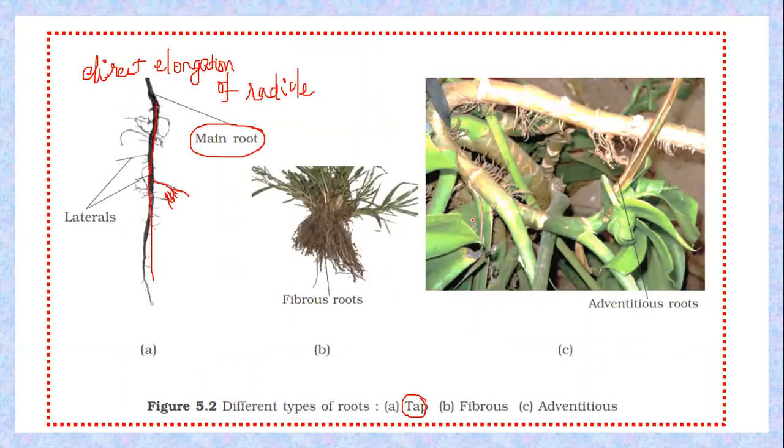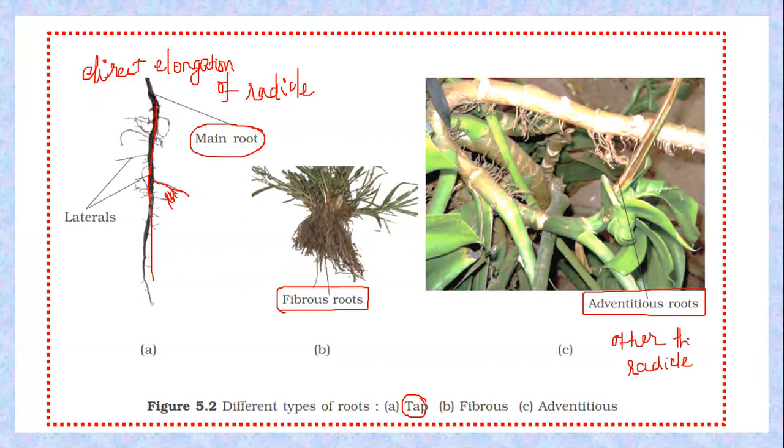Just imagine. This is the fibrous root. The fibrous root is a characteristic feature of the monocot. And the adventitious root: comment, what do you mean by adventitious root? Yes, everybody. The type of root that originates from parts of a plant other than radicle.